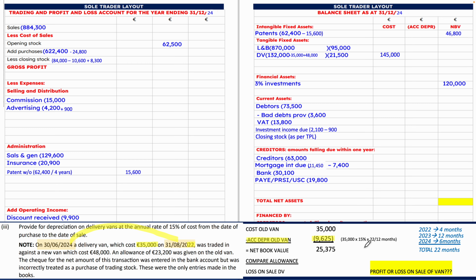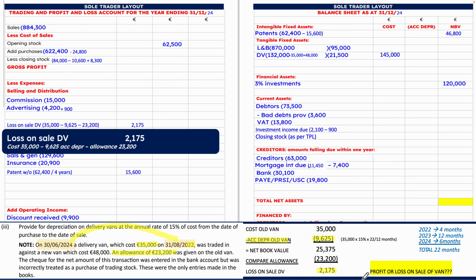So the net book value at the time of the trade-in, what we considered it to be worth, was 25,375. Now, we only got an allowance of 23,200 for it, unfortunately, which is less than what we thought it was worth. So therefore, we made a loss on sale of the delivery van, 2,175 euro. So that is the loss on sale of delivery van, which is a selling and distribution expense.